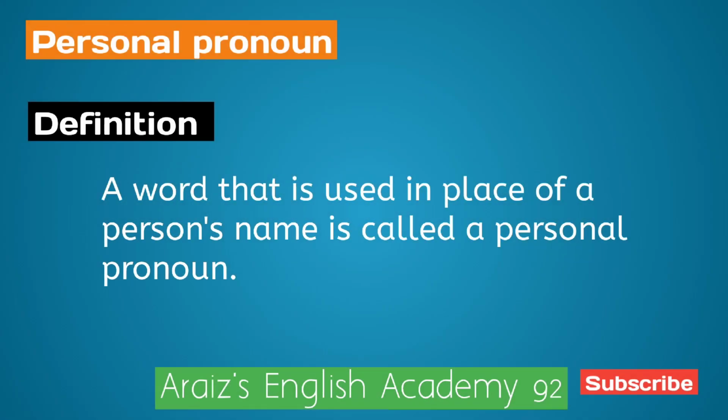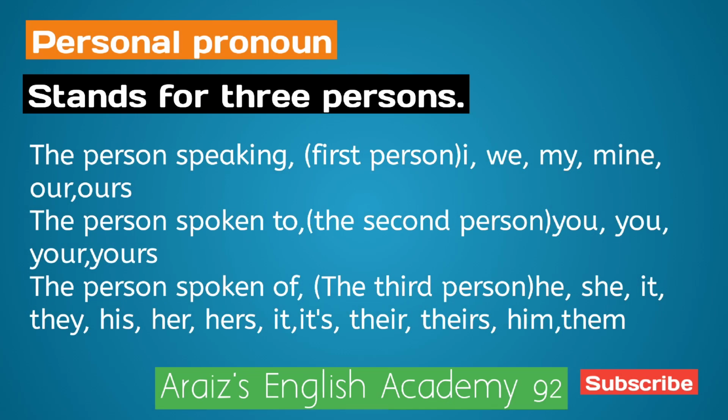As we have learned, the subject pronoun and object pronoun relate to the personal pronoun. A word that is used in place of a person's name is called a personal pronoun. In more detail, the personal pronoun stands for 3 persons. The person speaking, the first person, and for the first person the pronouns are I, we, my, mine, our, ours.